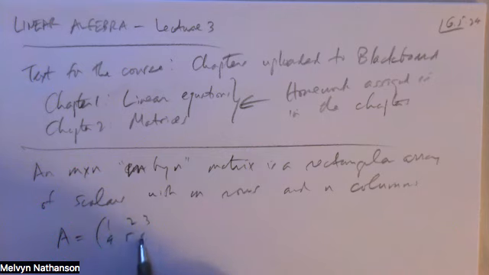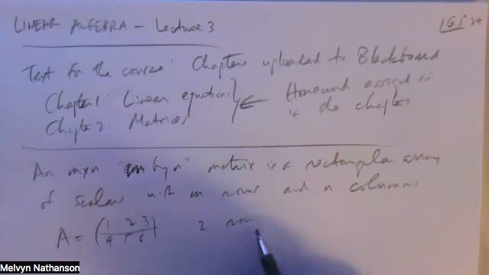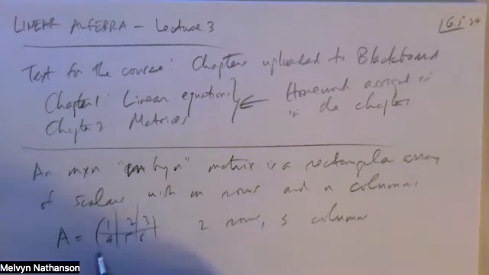So for example, if I look at the matrix 1, 2, 3, 4, 5, 6, this has 2 rows. Here they are. 3 columns. 1, 2, 3. So this is a 2 by 3 matrix.